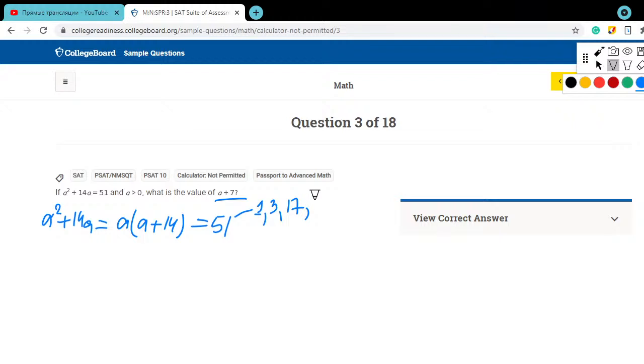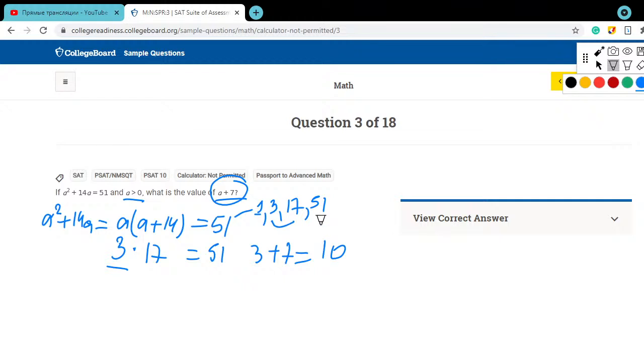And it's 51. These are the factors of the number. So I noticed that a and a plus 14 look like 3 and 17. If it's 3 multiplied by 17, we get 51. And here, this works perfectly, and a is more than 0, so it works. And we need to find a plus 7. 3 plus 7 equals 10.